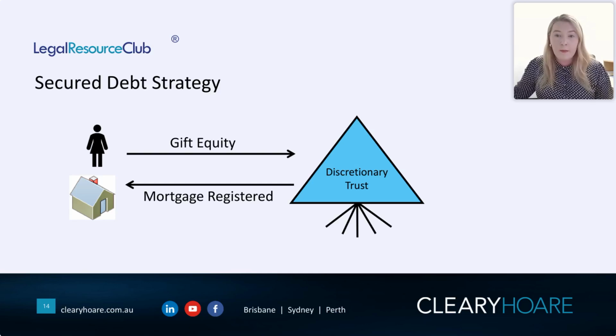When we're dealing with a company, we've got a gift of that amount by that company to another company, so as not to create any Div 7A issues. But other than that, the strategy is much the same, whether we're dealing with an individual, a company, or a trust. But I'm predominantly referring to individuals during the webinar, just for ease of understanding.